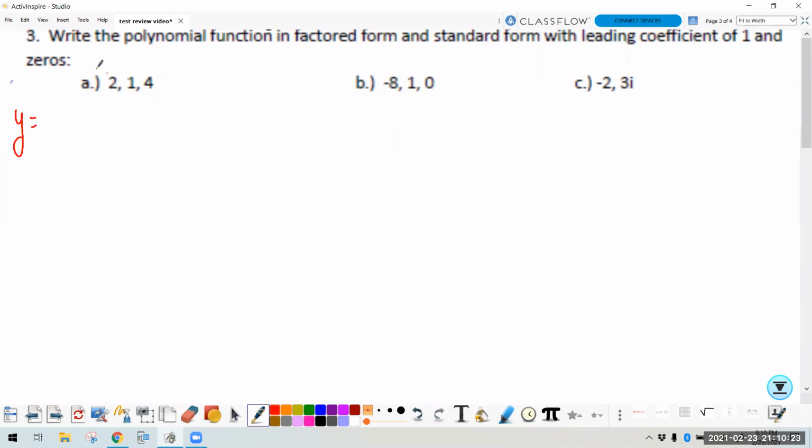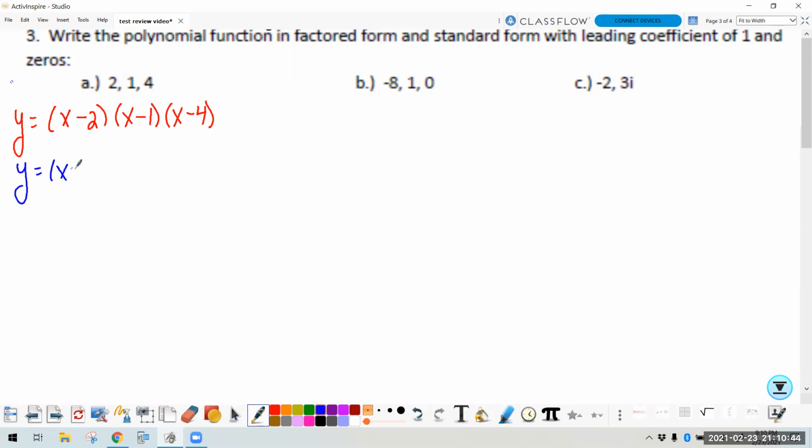Y equals. The leading coefficient is 1. If these are the zeros, it's x minus the root, x minus the root, x minus the root. That is my factored form. So now for standard form, I have to multiply these together.